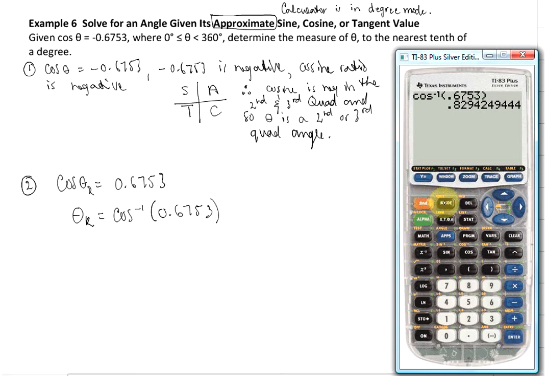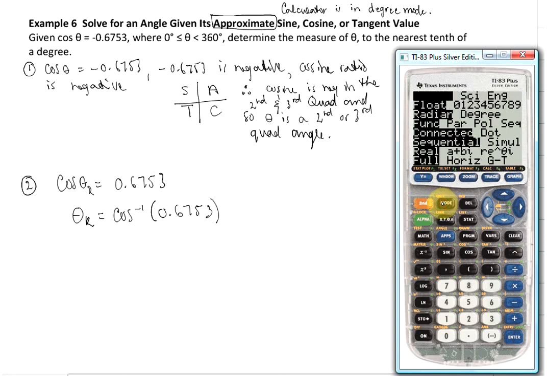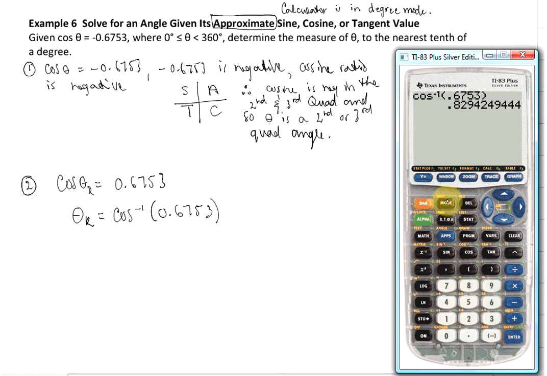I want to go second mode and put my calculator in degree mode. All right, let's try that again. Second cos 0.6753. Enter. Okay, there we go.